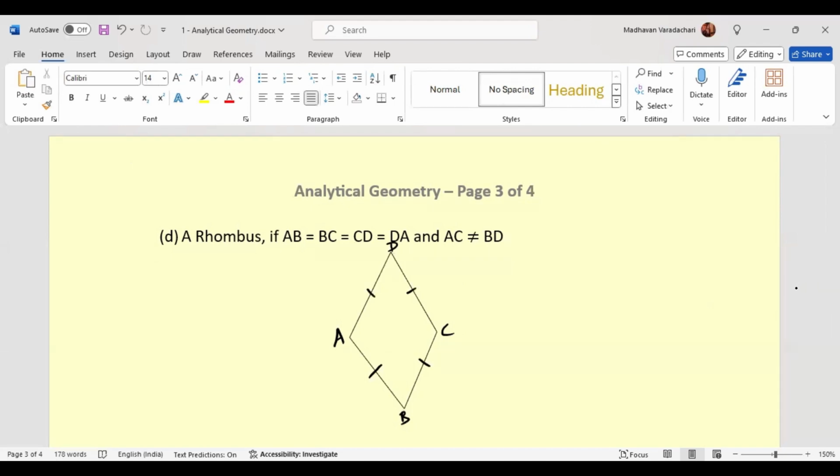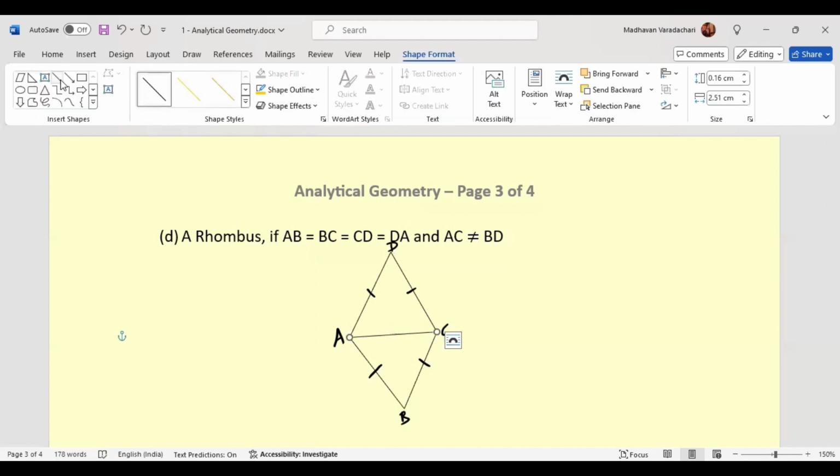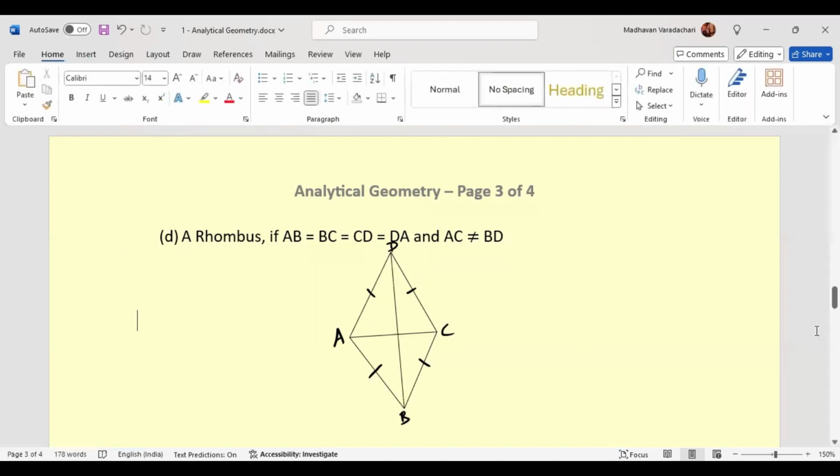But AC and BD are not same. So this is different.